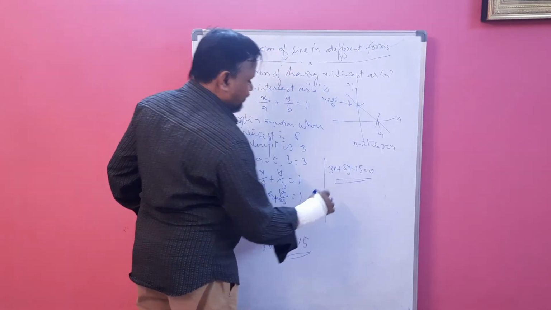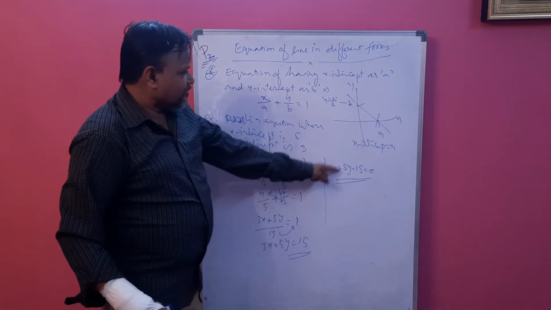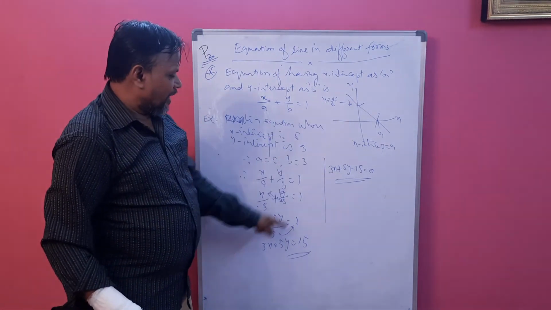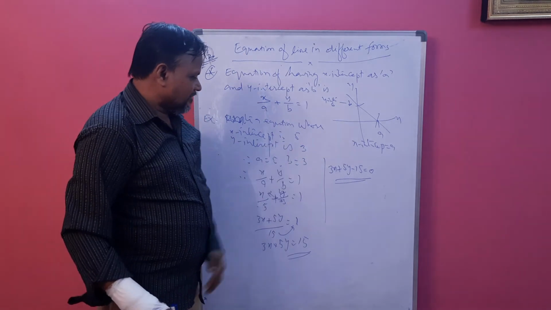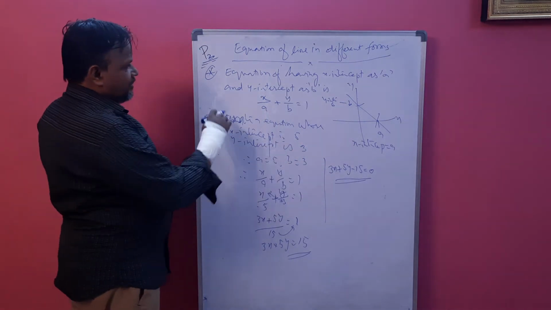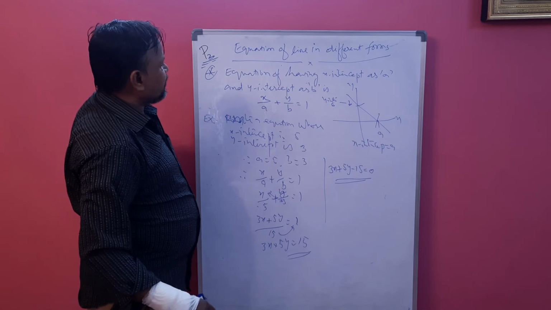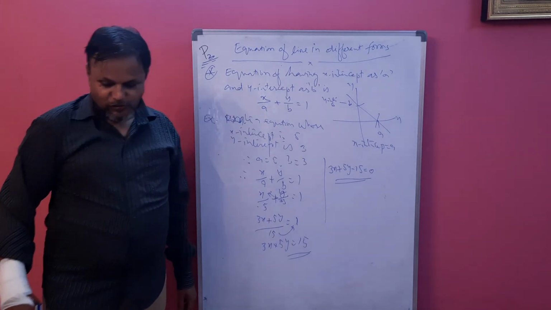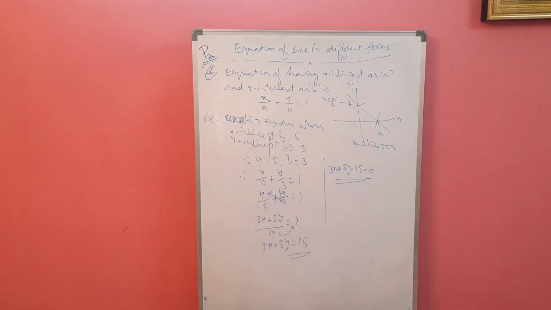This is a general equation form whose intercepts are a and b, here 5 and 3. This is an equation which has intercepts 5 and 3. So this is also one equation of a line. This is called the intercept form of the equation.